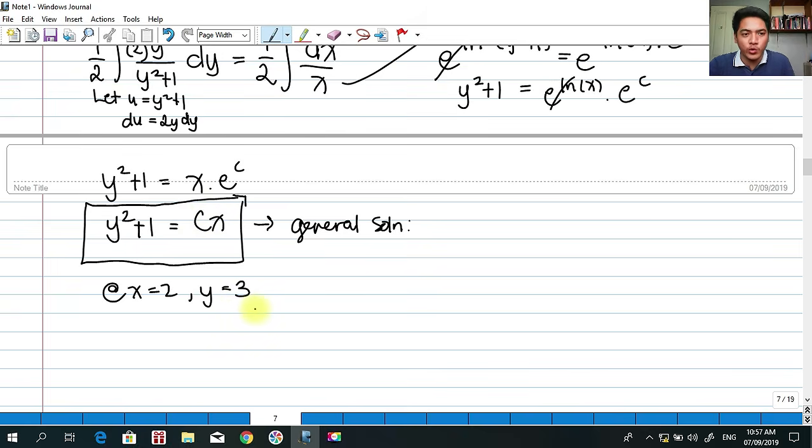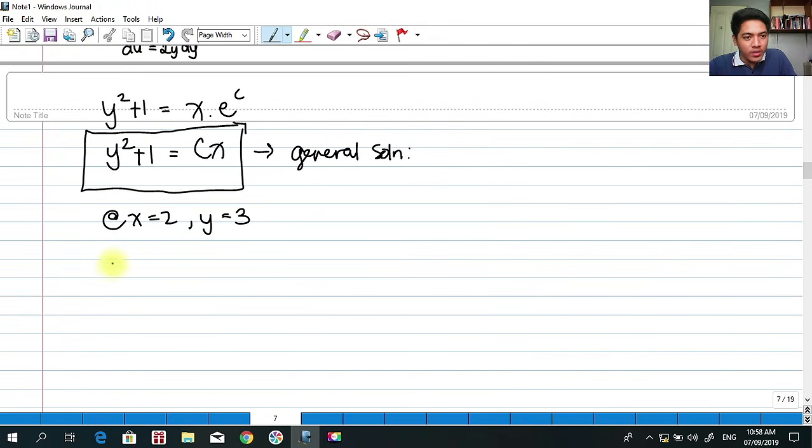That's a particular solution. So at x equals 2, that is, not 2, that is simply 3 because our value of y here is 3. So 3 squared plus 1 is equal to c times 2. So this is 10: 3 squared is 9, plus 1 is 10. We have 2c here.